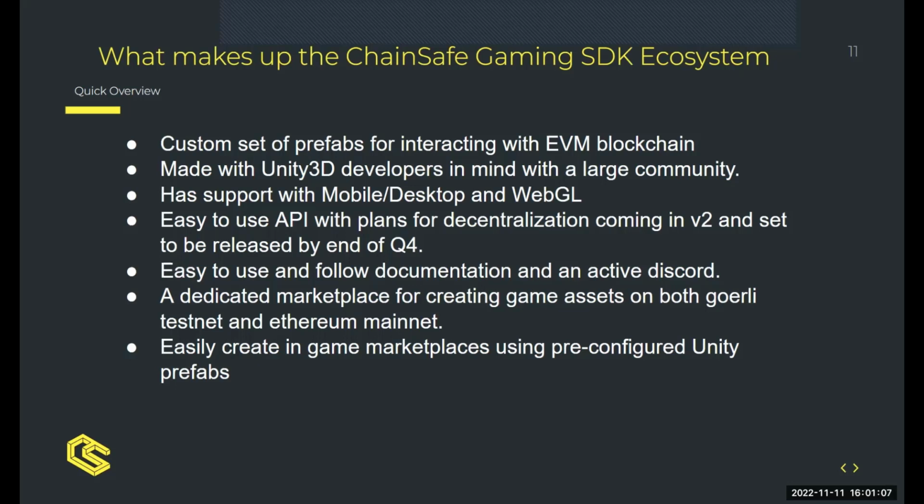We have an active Discord, a dedicated marketplace for creating game assets, and work on Goerli testnet and Ethereum. And we are planning to extend this to more and more chains, and we really look to our community to tell us what chains we need to support next. And it's easy to create marketplaces using pre-configured Unity prefabs. After we get everything installed, I'll go through and show you guys how that stuff works.